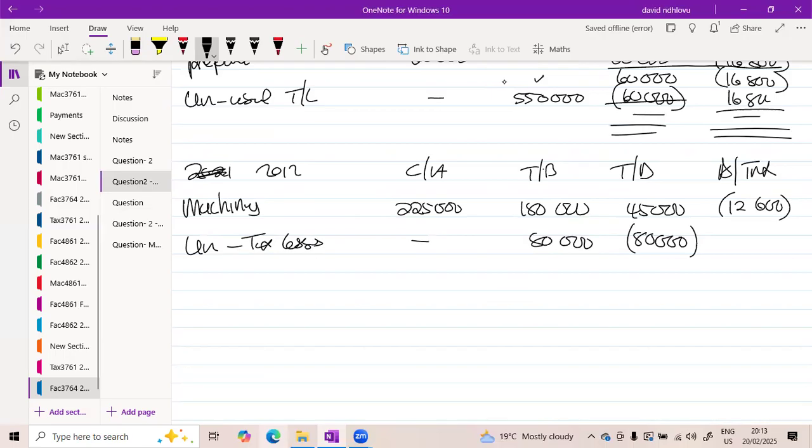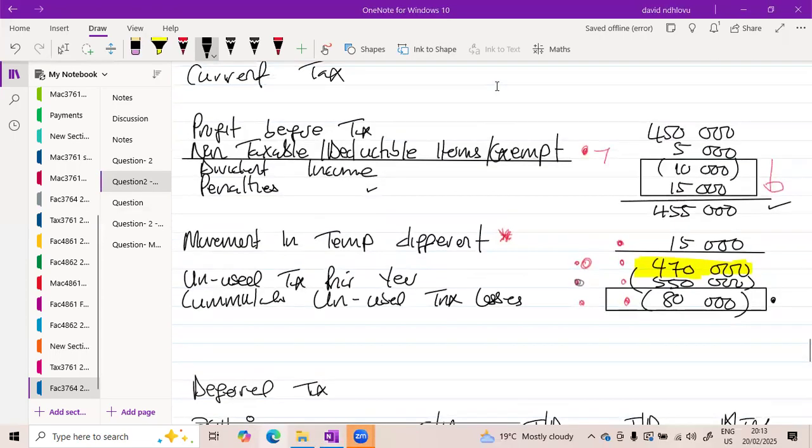Sorry, where did we get the 80,000? The 80,000, you get it from the current tax calculation, this one. Remember you would have done your calculations and gotten up to this point. So you're saying, what is the outstanding amount at the end of 2011, or what is the tax loss balance, the cumulative tax loss now?